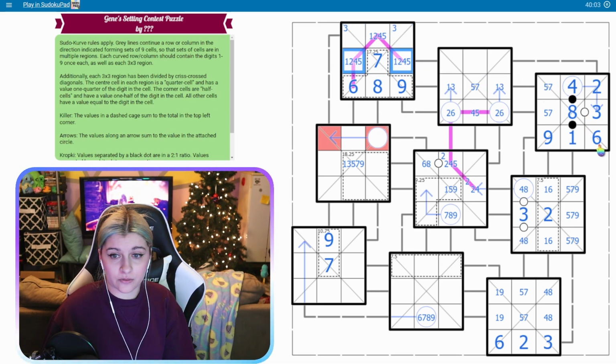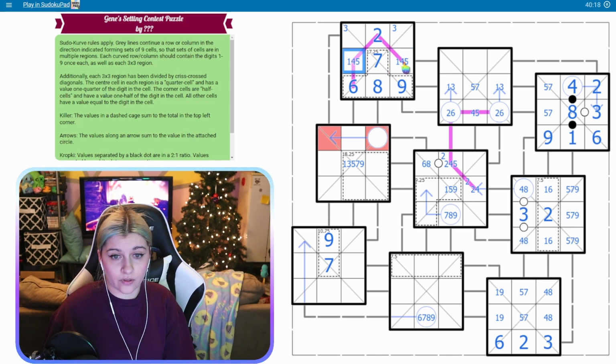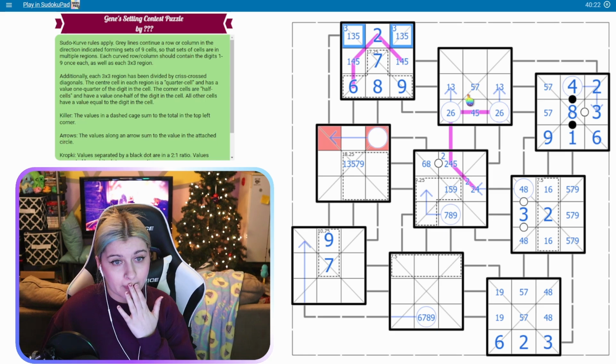These can't be 2. And I need a 2 on this line, so this has to be a 2. One of these is definitely a 4, and then the other one is a 1 or a 5. So this is a 1, 3, 5. I'll pencil that.